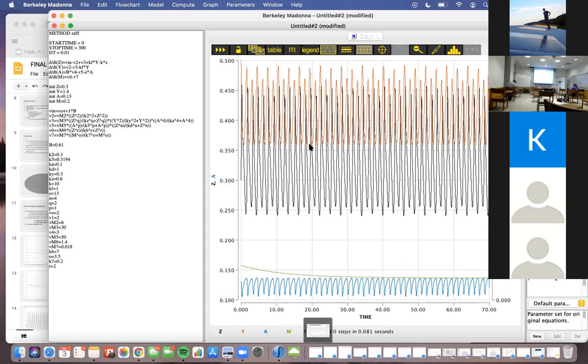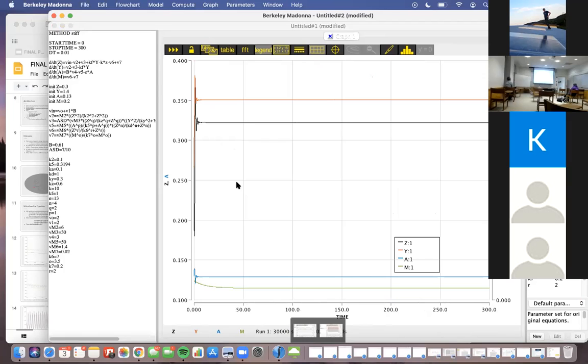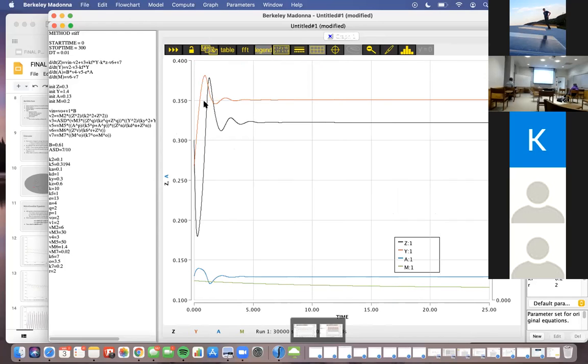So this is just the mitochondria without the ASD added in. And then this is with ASD added in. And it's very, very, very different, as you can see. This one's with 0.7 added in. And so you can see it's very wonky at the beginning, some oscillations, but I'll show you the 8 out of 10.